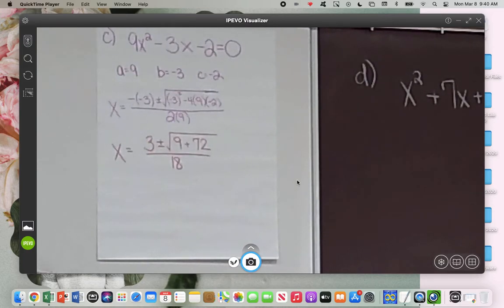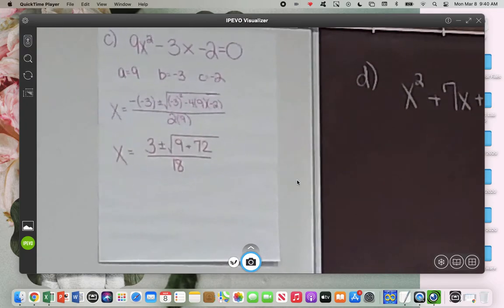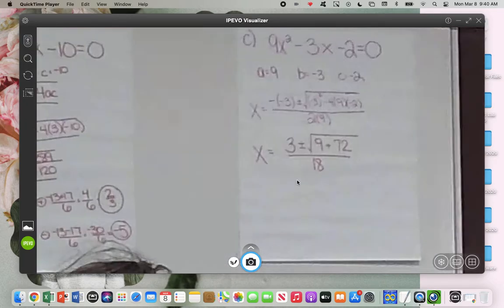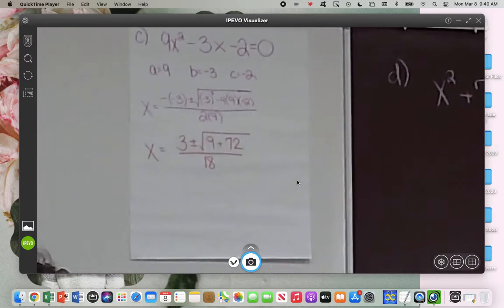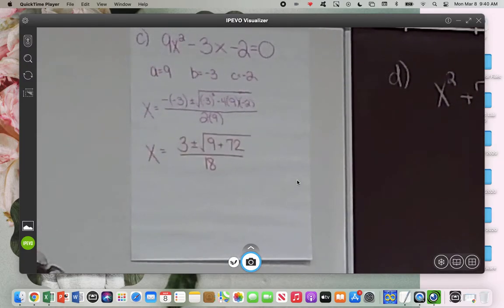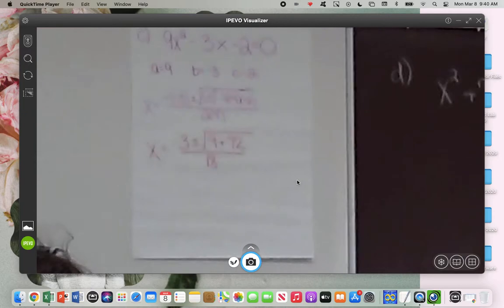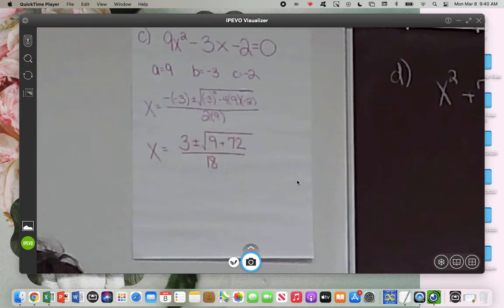So negative 3 squared is a positive 9. And then negative 4 times 9 times negative 2 is a positive 72. And then the denominator is 18. Are there any questions on that part?